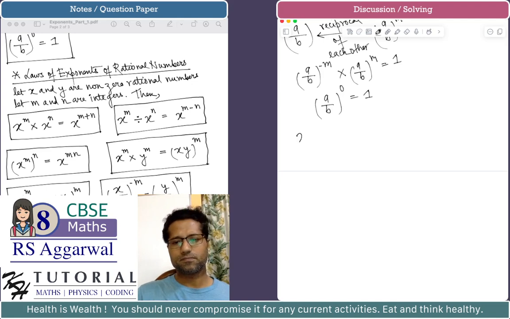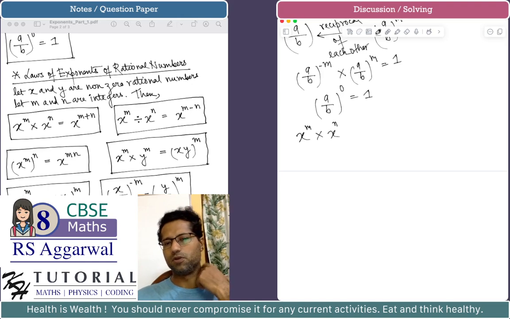is that x to the power m multiplied by x to the power n, that is, it is a product of two exponents. The first exponent is x to the power m, and the second exponent is x to the power n. The bases are same.